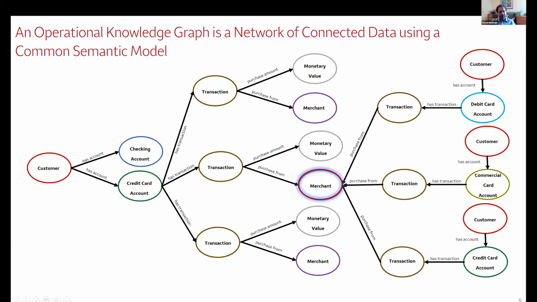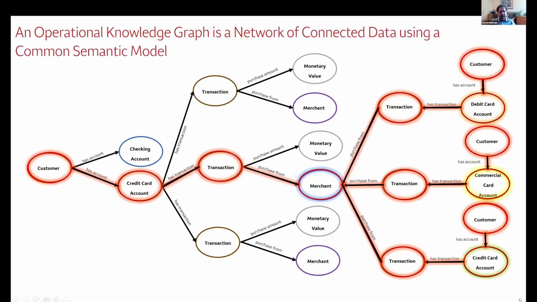So we might look to see information associated with a given merchant, and you could traverse the pathways, or these edges, to locate all the data that's been materialized in the graph that's associated with a merchant. It's very similar to having many joins over relational tables.